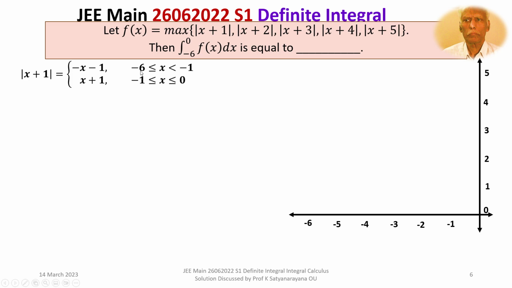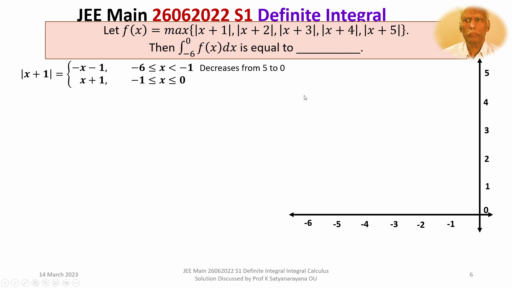Now, in the interval minus 6 to minus 1, x plus 1 is negative. Therefore, its modulus is minus x minus 1. From minus 1 to 0, it is positive, therefore it is x plus 1. So minus x minus 1 decreases from 5 to 0: when you put x equal to minus 6, it is plus 6 minus 1, that is 5, and it decreases up to 0.